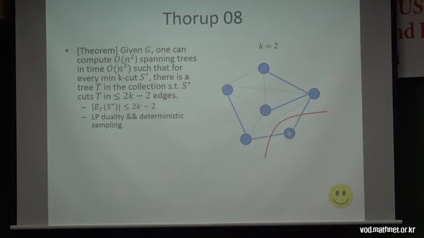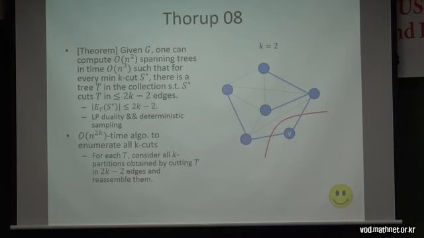It kind of uses LP duality, and actually the whole point of his paper was to make the algorithm deterministic. He introduced a deterministic sampling of these n squared spanning trees. But anyway, this is the statement, and given the statement, the algorithm is very easy. We go over each tree T, and consider cutting T in 2k minus 2 edges.